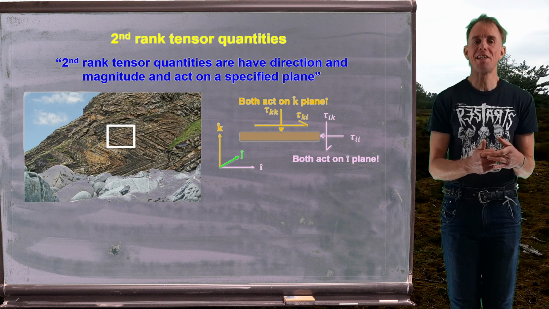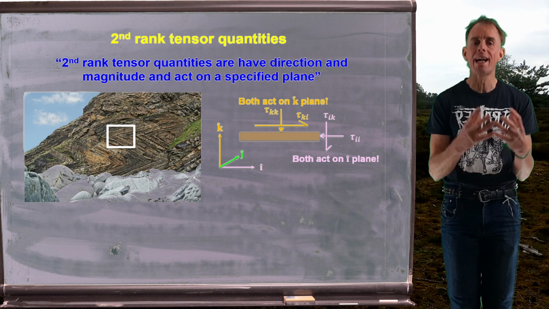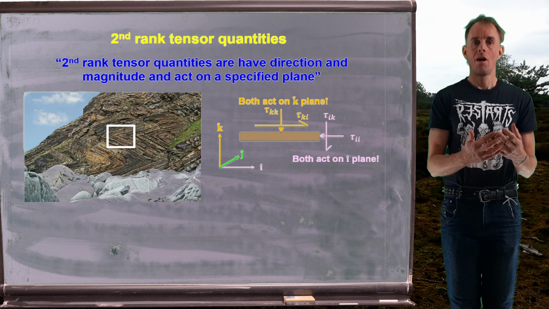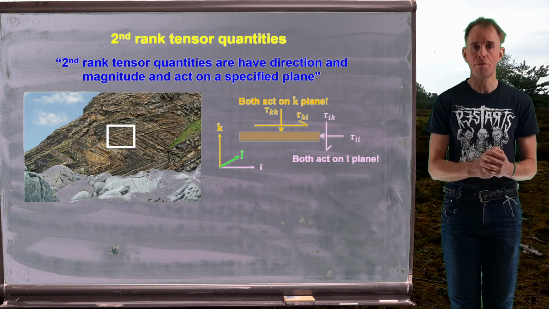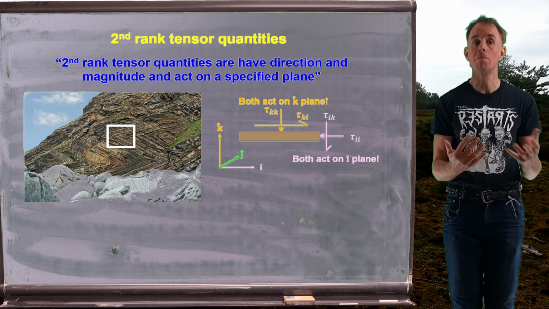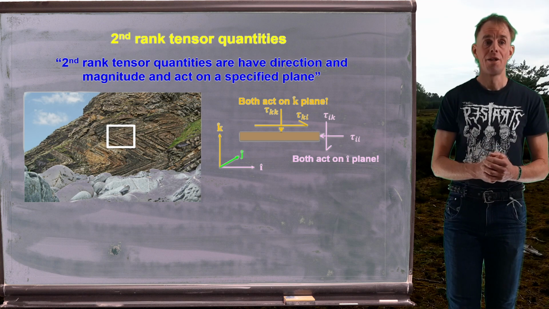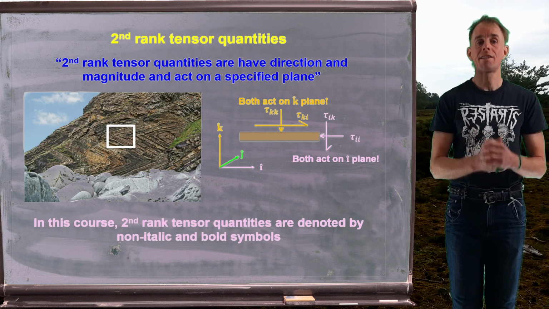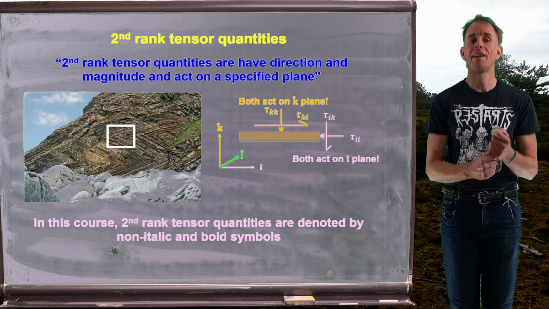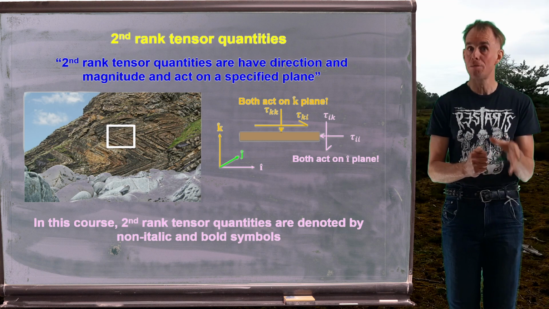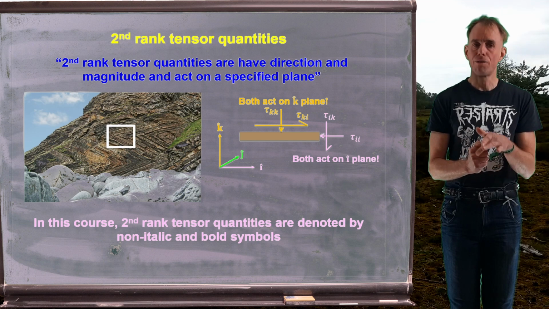So we can see that in order to fully capture stress, we need a structure that can handle, in this case, 9 different numbers. So it's a 3x3 matrix. So second-rank tensors on this course are going to be denoted by non-italic and bold symbols, which is exactly the same notation as for vectors, apologies.